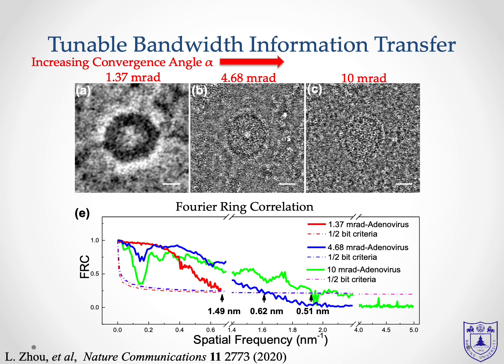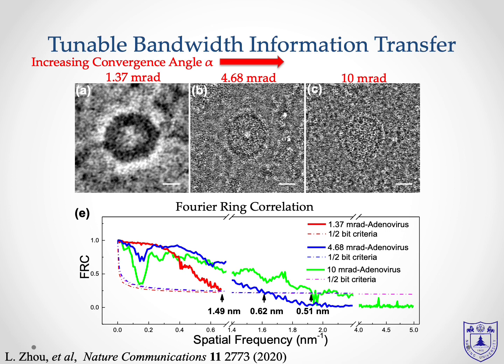To further demonstrate the tunable bandwidth of the ptychographic CTF, we reconstruct the phases of adenovirus at different converging angles of 1.7, 4.68, to 10 milliradian. And we use Fourier ring correlation to evaluate resolution with a half-bit threshold criterion.